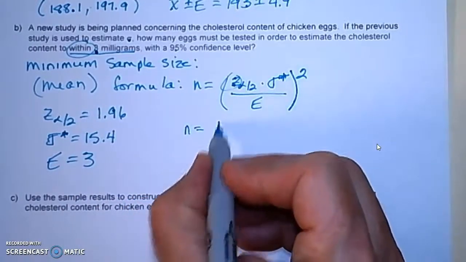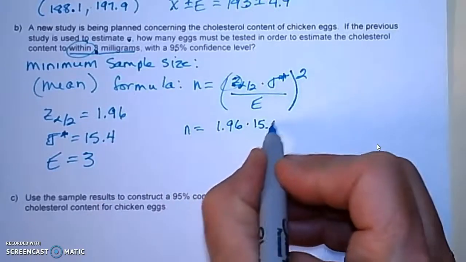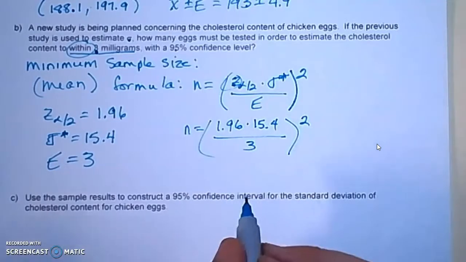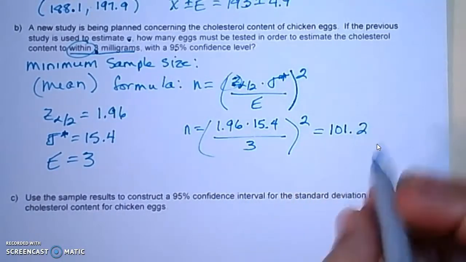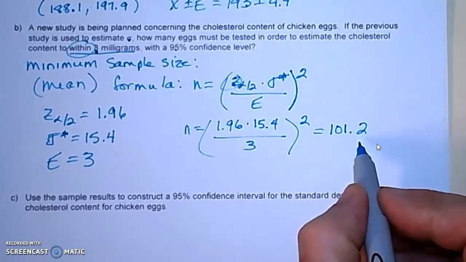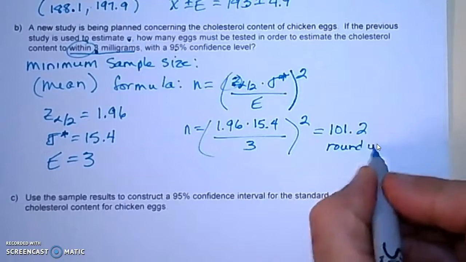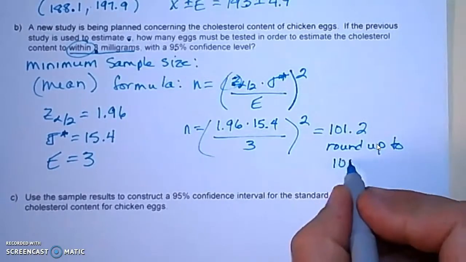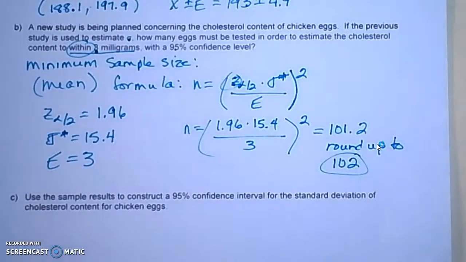For our formula, we're going to have 1.96 times 15.4 divided by 3, and that whole thing is squared. That gives me 101.2. Since this is talking about a minimum sample size, I have to round this up to the next whole number, which means I'm rounding it up to 102. And that's my answer for the minimum sample size.